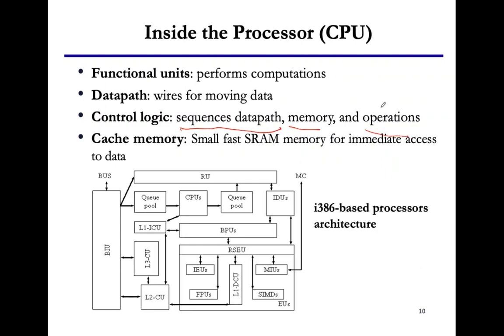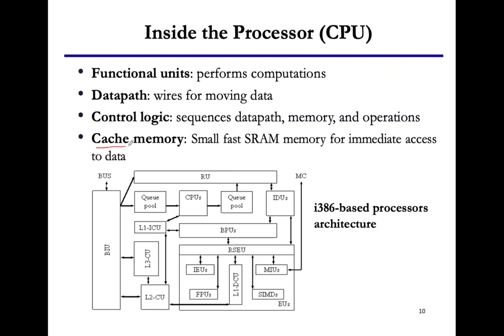To perform any operation, it requires data. That data comes from the memory. So from one memory hierarchy to another memory hierarchy, the data should be transferred. For that, it requires the data path wires. And to make the system faster, it requires a small amount of internal memory.